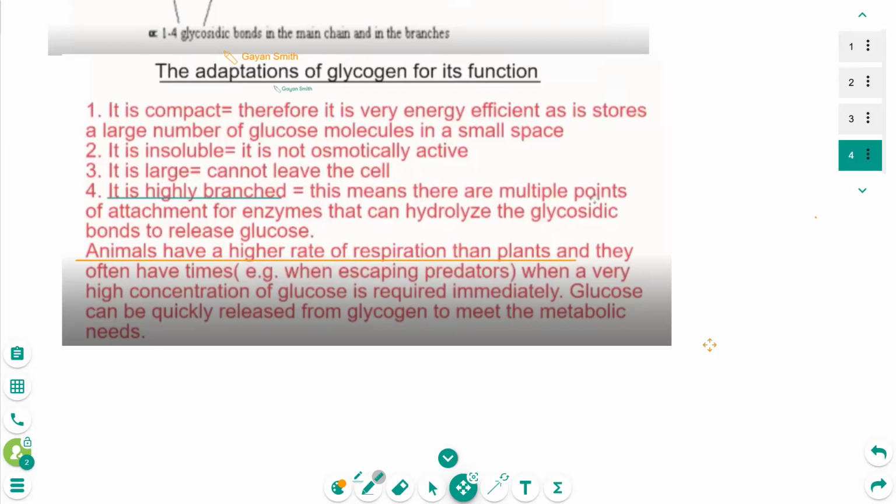So 2 more minutes. And then we need to learn about cellulose.